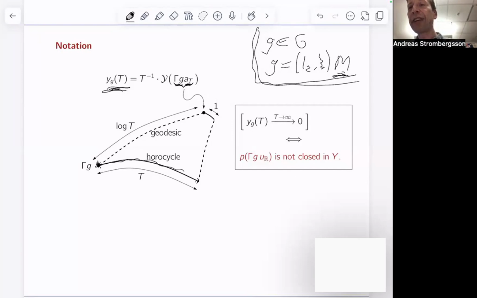So from the start, I have a horocycle of length capital T, but this flow will move that horocycle and make it a horocycle of length 1. And it's well known that the properties of this horocycle inside the space Y depend on the position of this point, gamma G A_T.